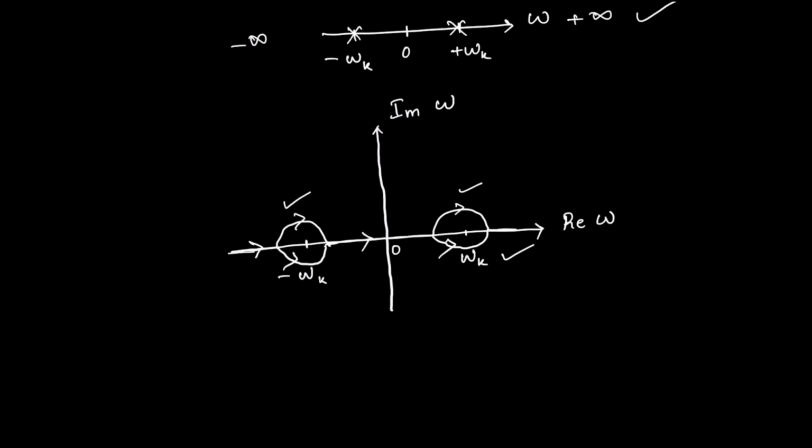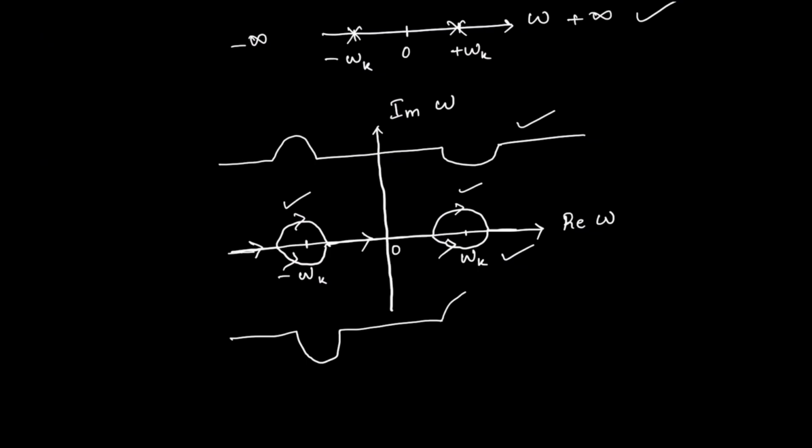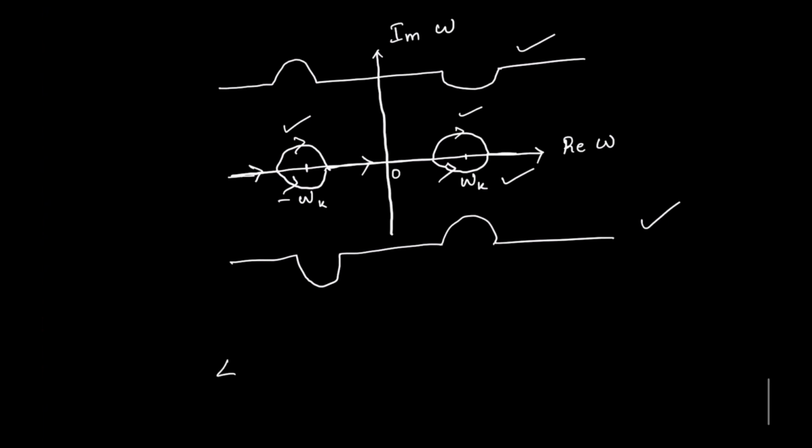For the third choice, one singularity I can bypass from above and another singularity I can bypass from below. Then the fourth: the first one I can bypass through below, and the second one through above. So there are four ways to go around the singularity. Each choice will correspond to a solution, and therefore we have four solutions.